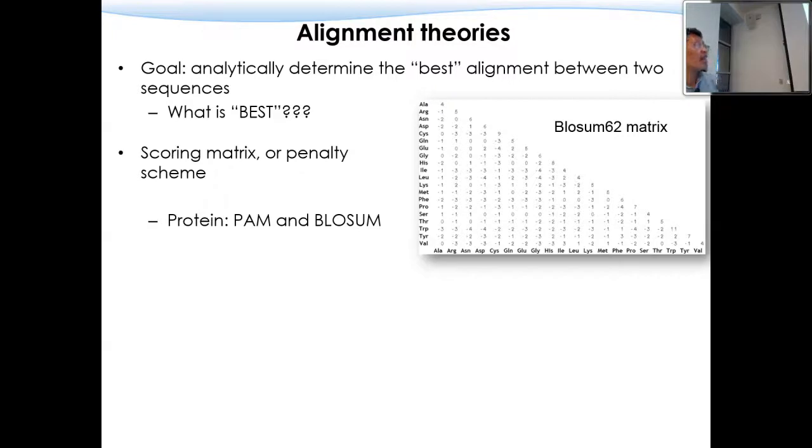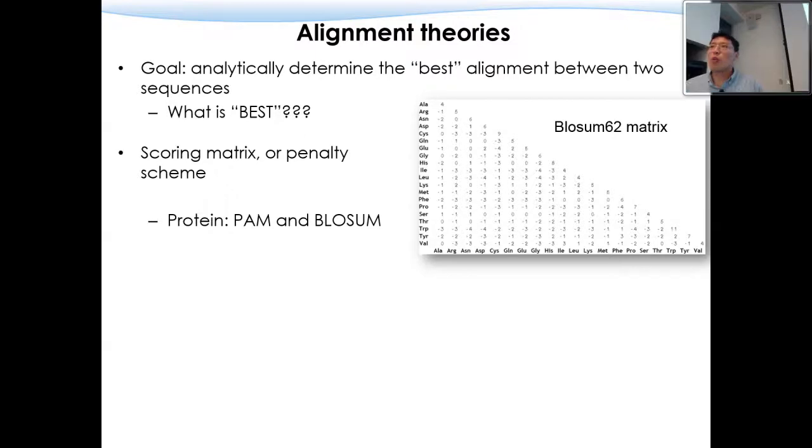Okay, I'm giving you an example of a protein case. We know that sequence alignment can be done on the protein level as well. You can see that each of the 20 amino acids is listed here, and the same 20 amino acids are listed here. The diagonal matrix elements are the ones where X and Y are identical, right?